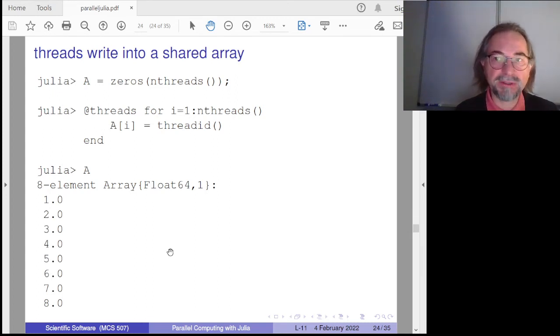But instead of the thread ID, we could have a function that every thread executes. That will again be the mechanism for the high level parallelism when we estimate pi, but now with multiple threads.